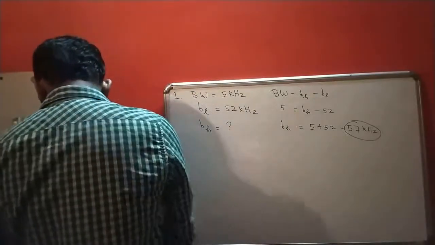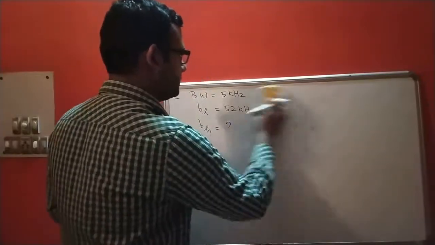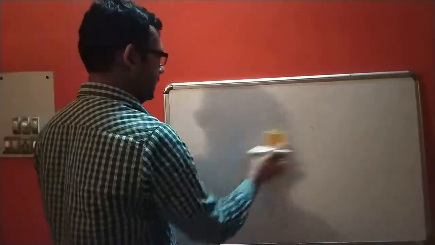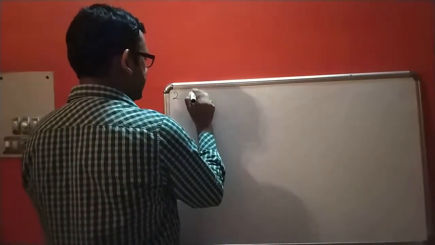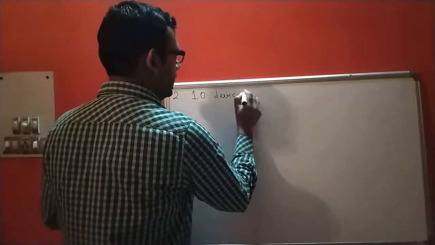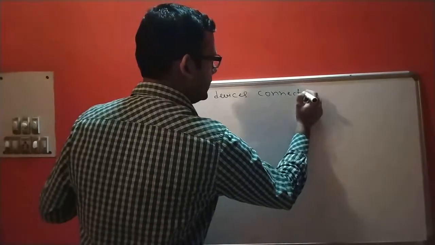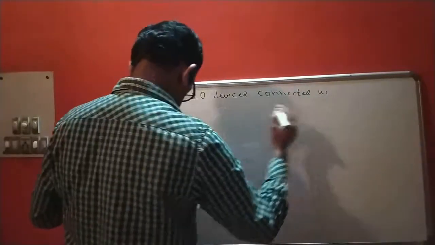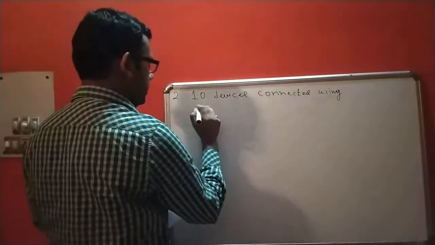Okay, now moving on to the next question. Let's take up another question and see how we can solve it. The next question that is being asked is, if there are 10 devices connected using mesh topology.